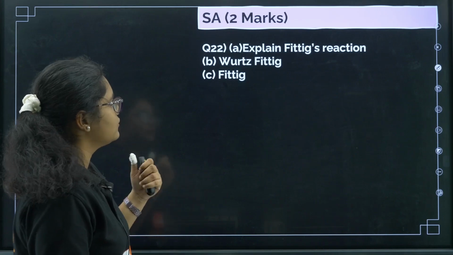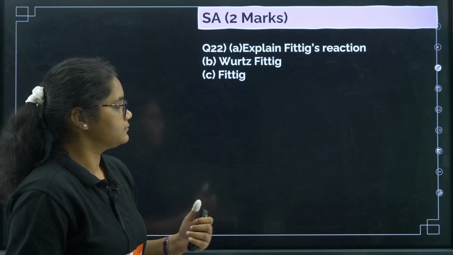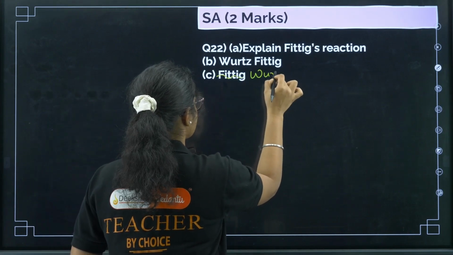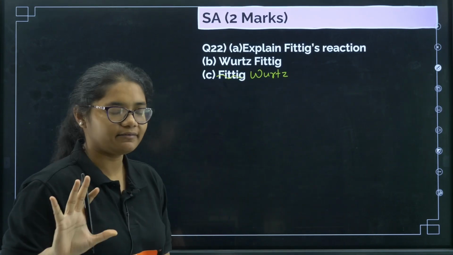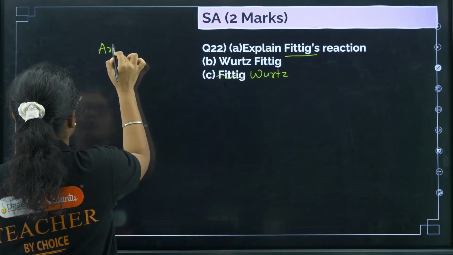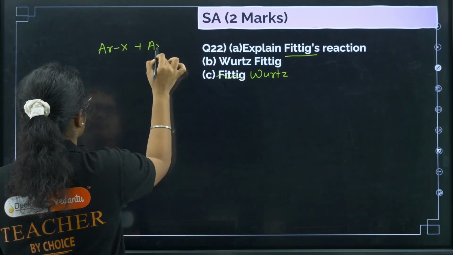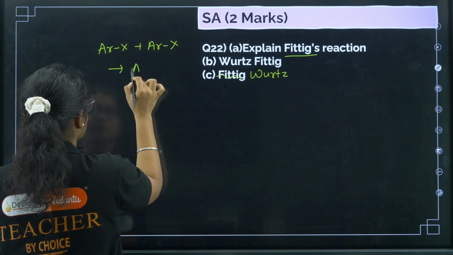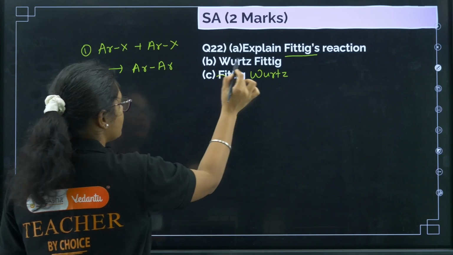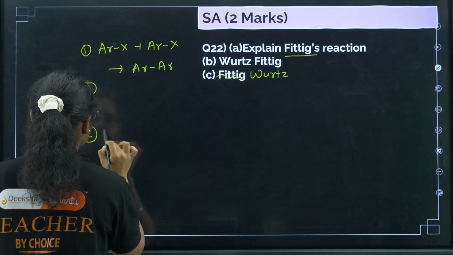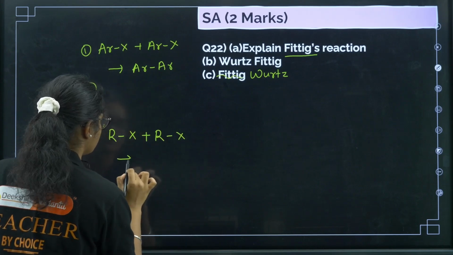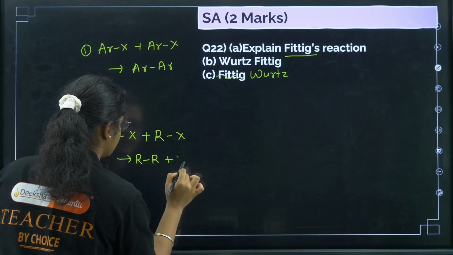Next, question number 22. Explain Fittig reaction, Wurtz-Fittig reaction and Wurtz reaction. Sorry, this one will be Wurtz reaction. Here also it is very simple. In the Fittig reaction, two aromatic compounds react to give Ar-Ar. In the Wurtz-Fittig reaction, one aromatic compound and one alkyl compound react to give Ar-R. In the Wurtz reaction, two R groups react to give R-R plus X2.